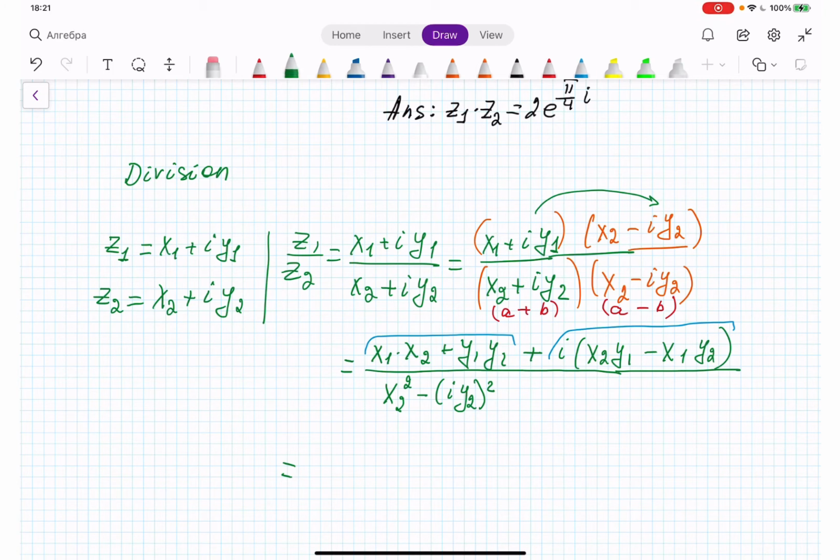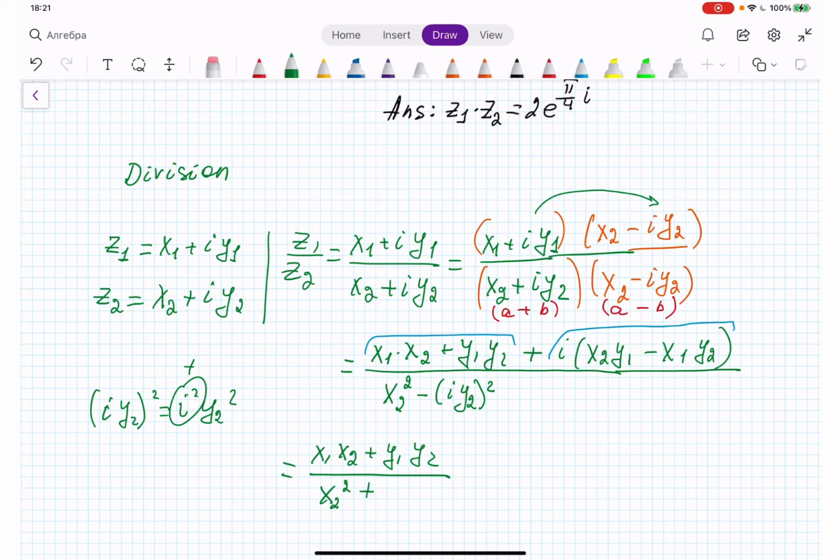So we have x1 x2 plus y1 y2 divided by x2 squared. Since i squared is negative 1, i times y2 squared gives i squared y2 squared, so this negative becomes positive, plus y2 squared.